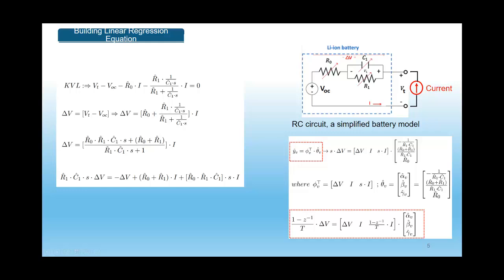The regressors and output are calculated from measured voltage and current data. The three unknown intermediate parameters alpha, beta, and gamma will be estimated using different RLS algorithms. Once these parameters are determined, the main electrical parameters R0, R1, and C1 can be calculated accordingly.